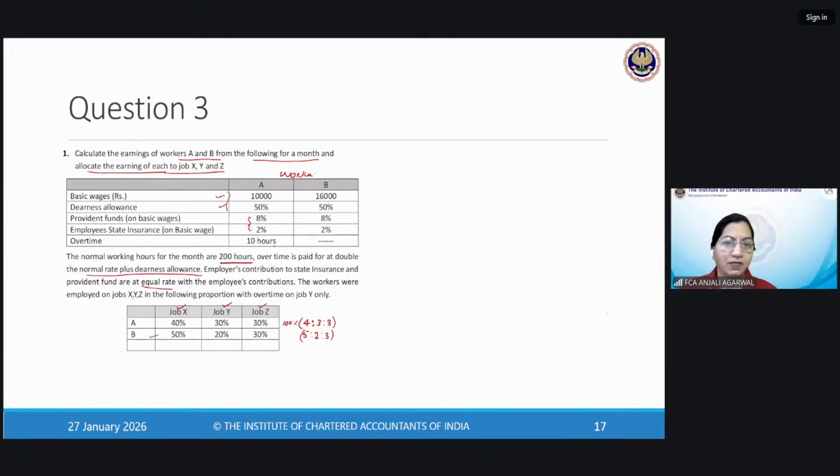Besides what is being paid to them, that is being mentioned here, plus worker A has done 10 hours of overtime. And it is specifically said here that the overtime was done on job Y only. And overtime is paid at the double rate. So first we'll try to find out at what rate we are making the payment to worker A. And it is being asked what are the earnings of the worker.